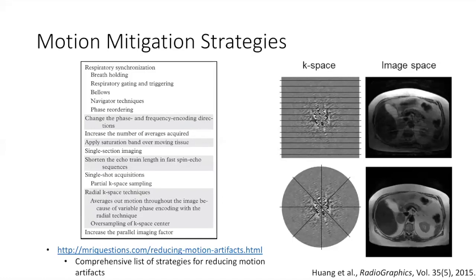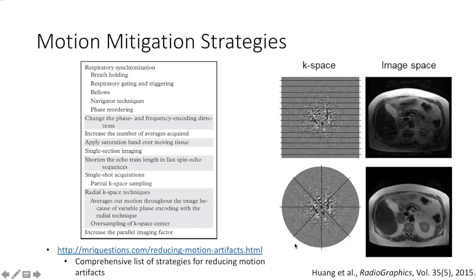Another thing you can do is, instead of running a Cartesian acquisition, where you get these artifacts, you can do a radial acquisition that has, as I showed earlier, more diffuse artifacts.